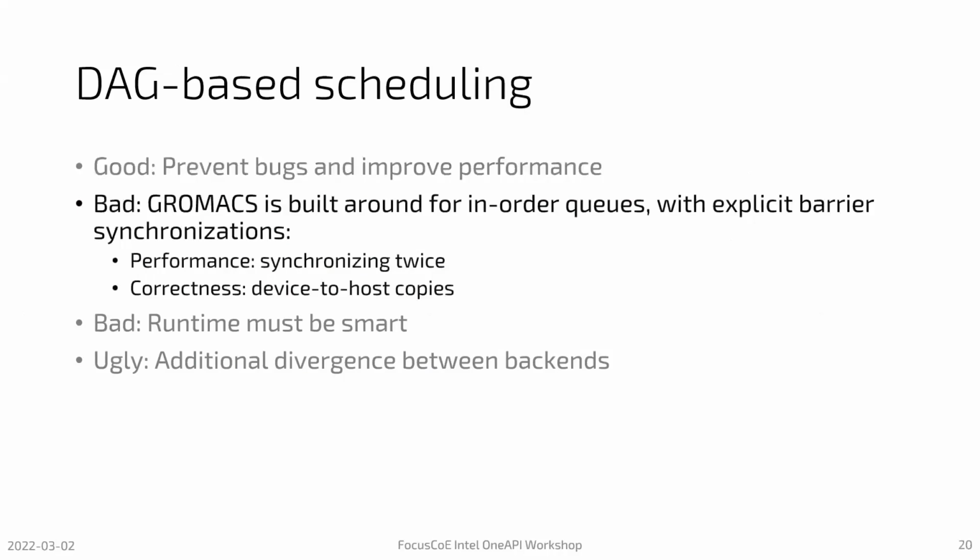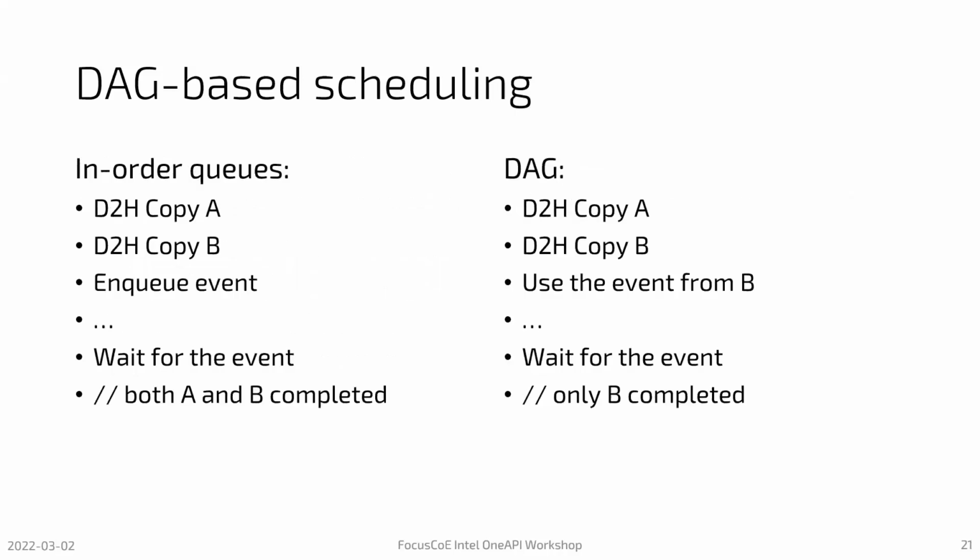The problem is that in GROMACS, all those problems have already been solved. We already have multiple in-order queues. We already have a schedule that splits the work between them. We already have explicit barriers to synchronize, which can lead to a bit of overhead because we have both synchronization from the DAG and our manual synchronizations. And besides, there is a possible issue when doing host copies, device to host copies.